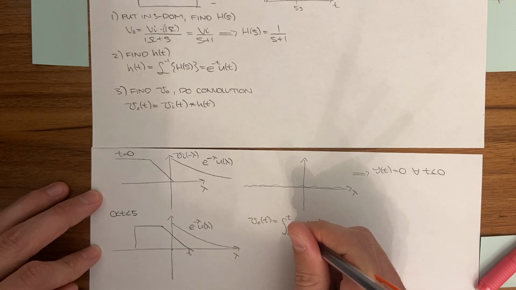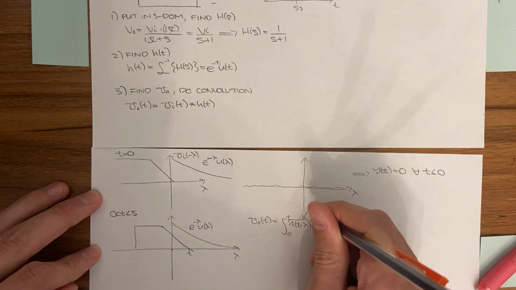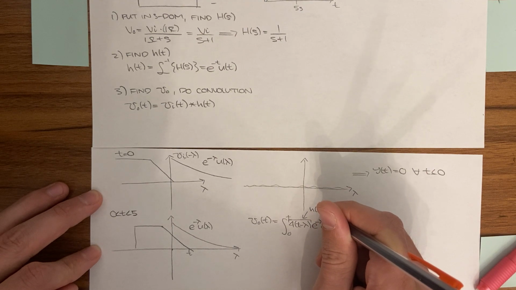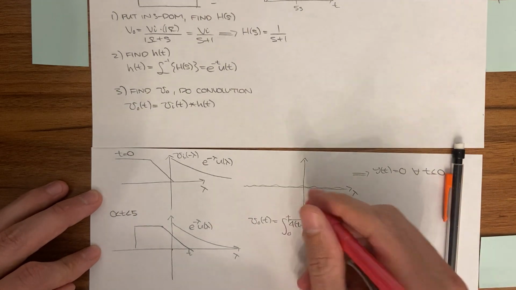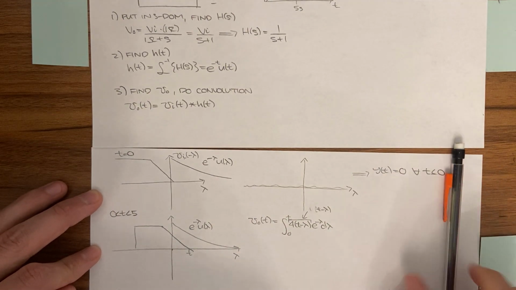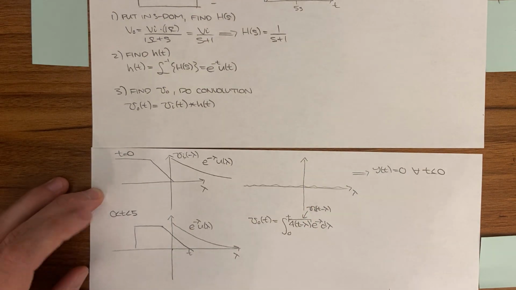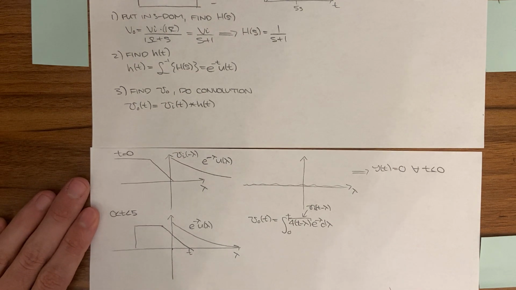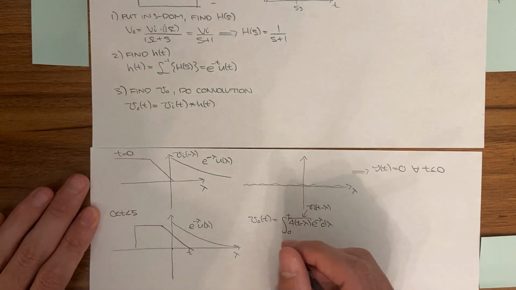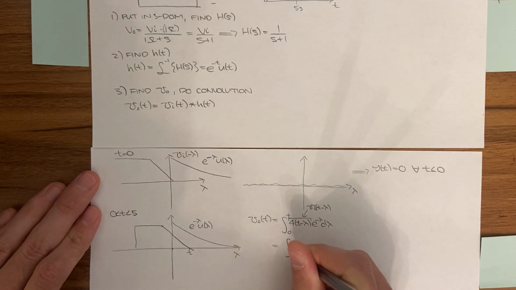Again, this is h of t minus lambda, or sorry, that's x of vi, t minus lambda.